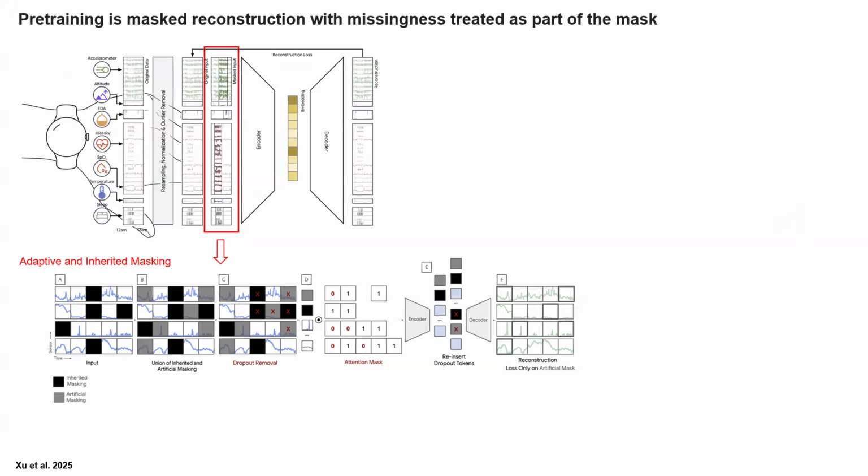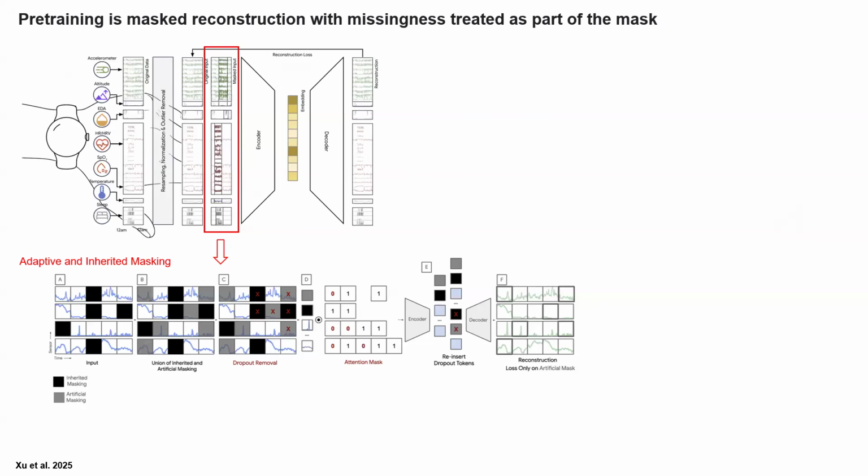Is there any reason why they do dropout removal, and how is this dropout masking inserted into the encoder-decoder structure? Actually, this is a whole other paper. I checked, and it was basically for computational purposes: they drop out so that they lower the cost of computation.